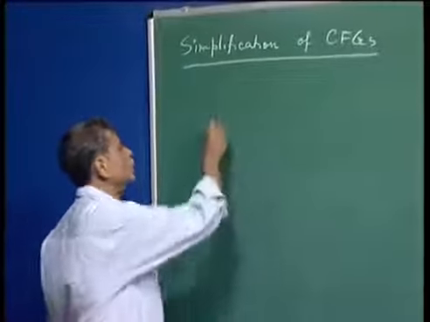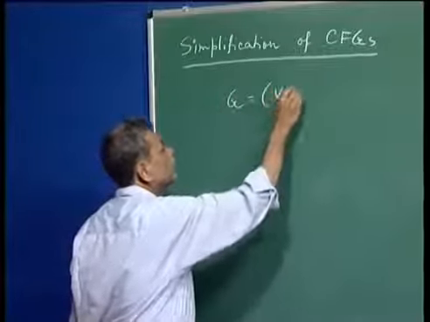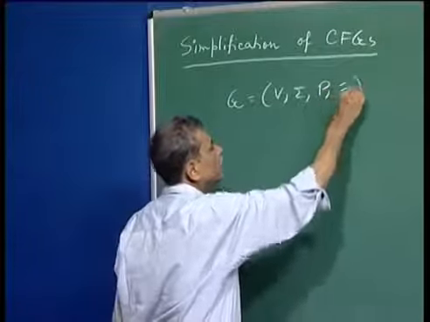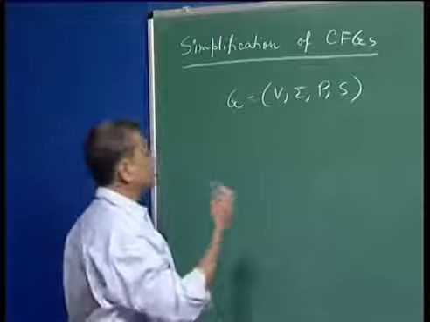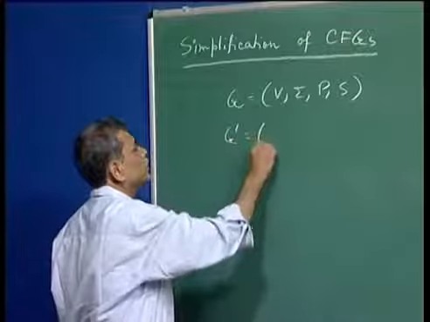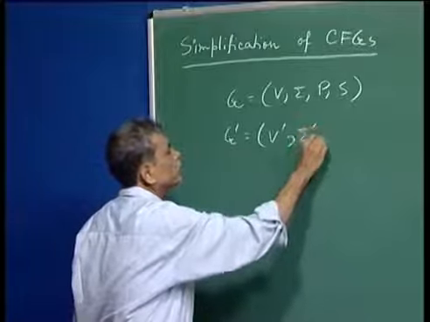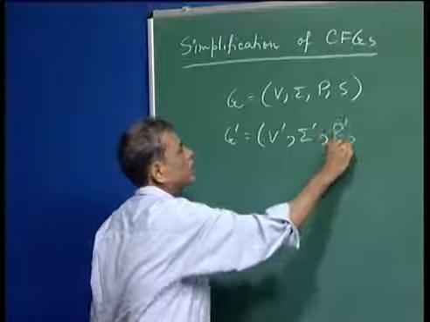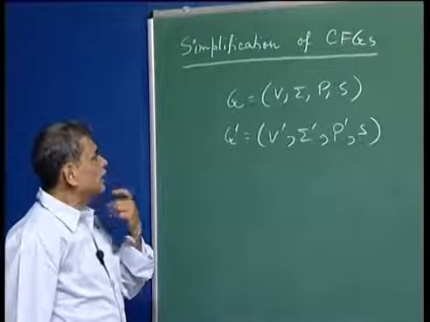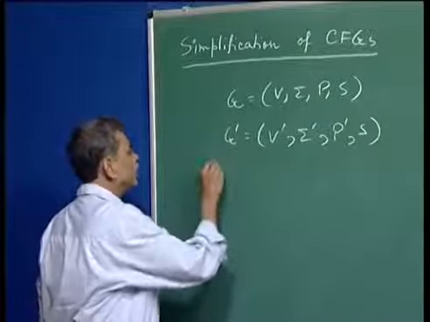So, let us say we have a context free grammar G, with a set of non-terminals, a set of terminals, a set of productions and the start symbol, and we would like to get from G another grammar G dash, which will have V dash, possibly sigma dash, P dash and S, such that this grammar G dash will be a simplified form of G.